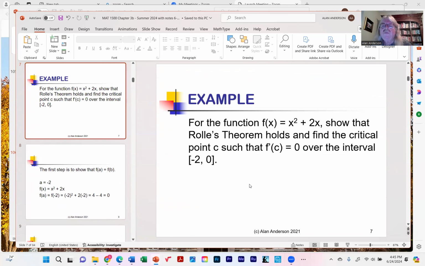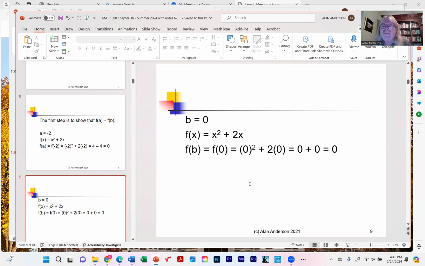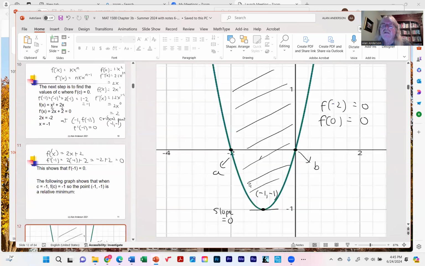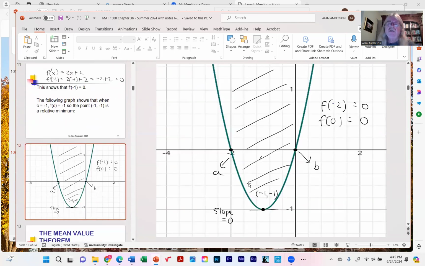Okay, so what this implies is that somewhere in there, because, oh, and by the way, the function again, it's x squared plus 2x. I chose these 2 points because f of -2 and f of 0 are equal to each other. Okay, and so we know that there's an extremum in there somewhere. The question is, where is it?